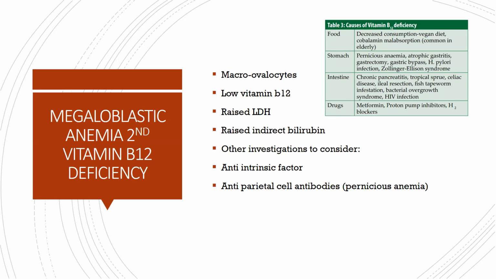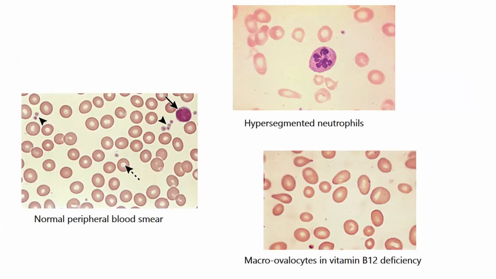Drugs as well: metformin, which we don't commonly see, I assume, and also proton pump inhibitors, because we need the acid to help absorb vitamin B12. The other investigations to consider if you're thinking about pernicious anemia will be the anti-intrinsic factor and also anti-parietal cell antibodies.